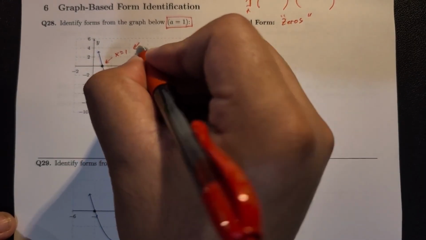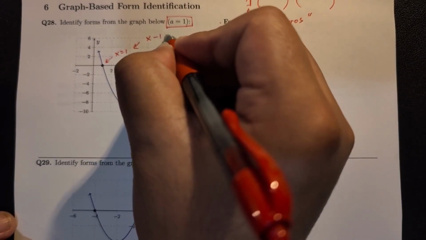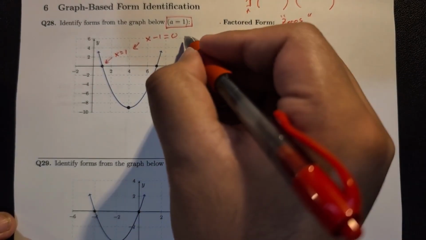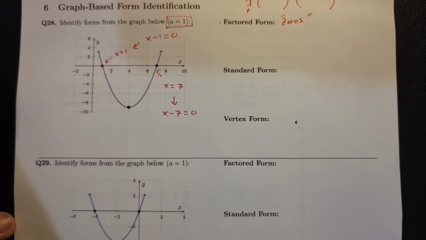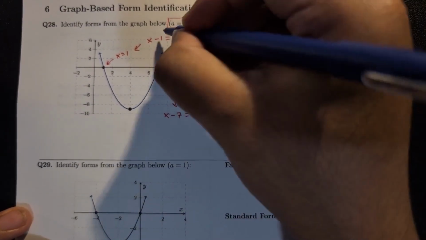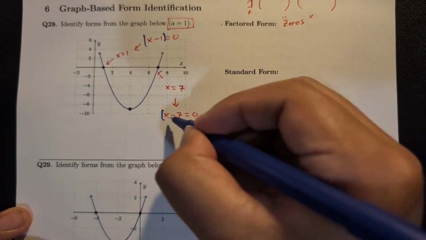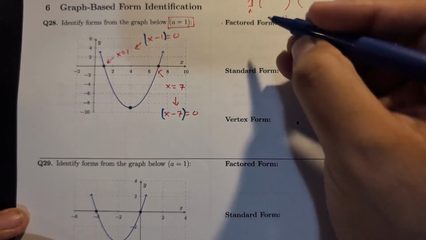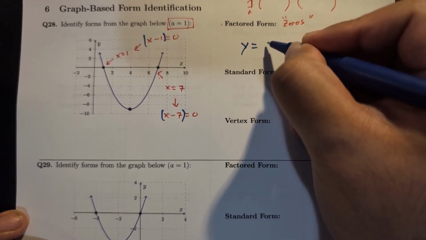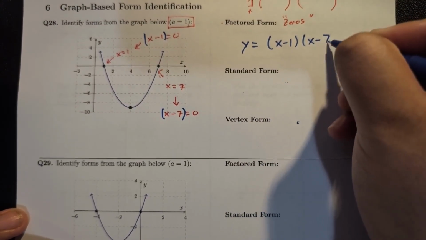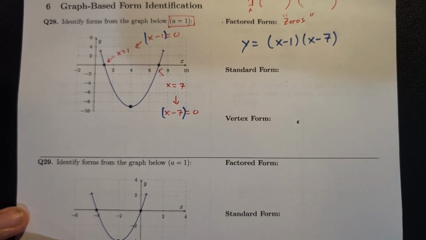Same thing for this one: x minus 1, set it equal to 0. And now from this, put these in parentheses. That is your factored form. It's as simple as that. y is equal to (x minus 1)(x minus 7). That is it.